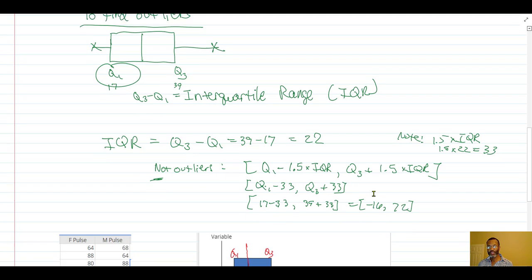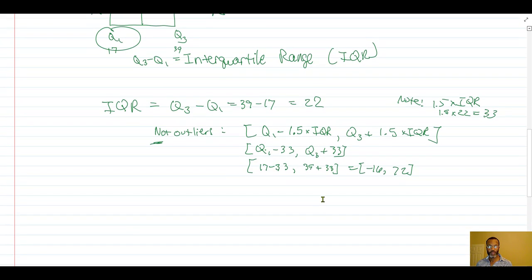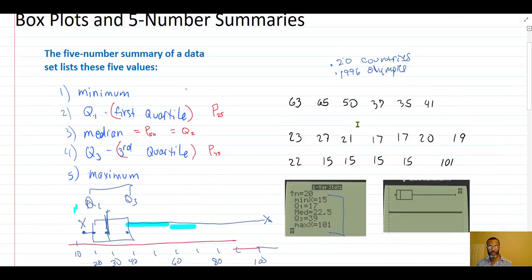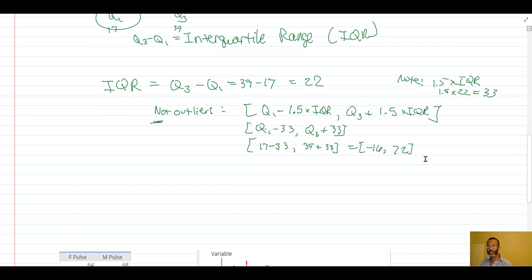Anything outside of that would be considered an outlier. So in this case, there is only one outlier in our data set. There's only one value that's not within that range. None of these values are less than negative 16, and only one value is actually greater than 72. And so that's going to be our 101. So there's only one outlier in this case, and that outlier was 101.